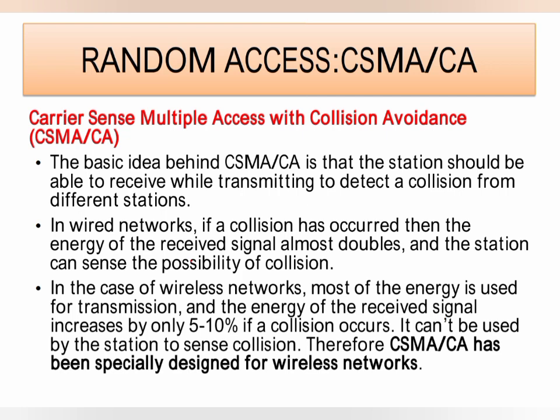But in wireless networks, most of the energy is used for transmission and the energy of the received signal increases by only 5 to 10% if a collision occurs. So it can't be used by the station to sense the collision. Therefore, CSMA/CA has been specially designed for wireless networks.